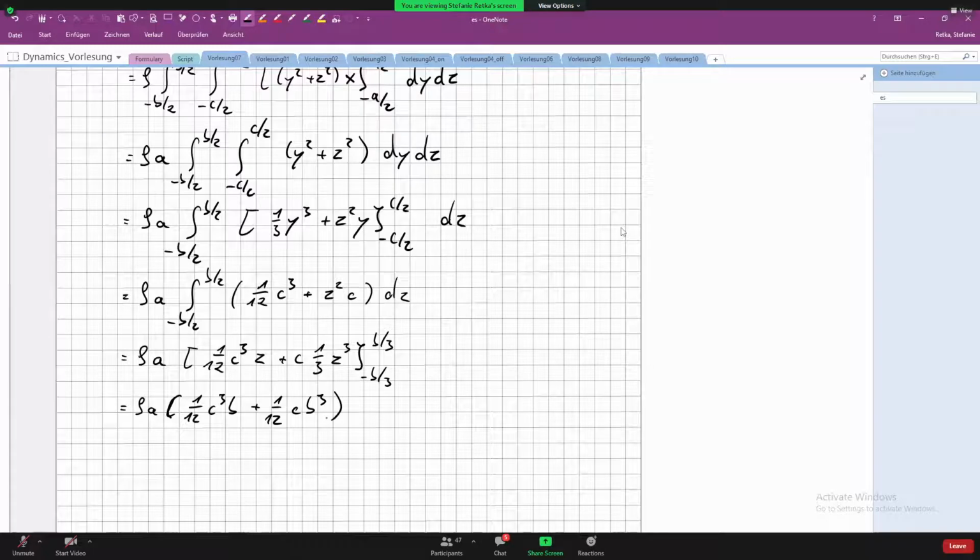For the boundary conditions, have you written b by 3 or b by 2? Oh, sorry. Yeah, thank you. Should be a 2. You're right. So now we can rearrange this equation, and we have rho times a, b, c, 1/12, and then there's b squared plus c squared.